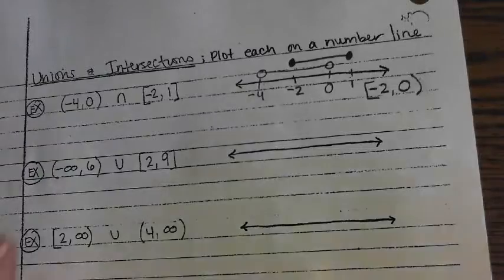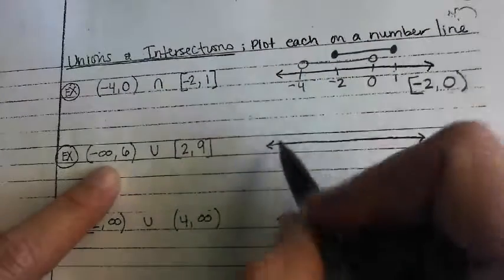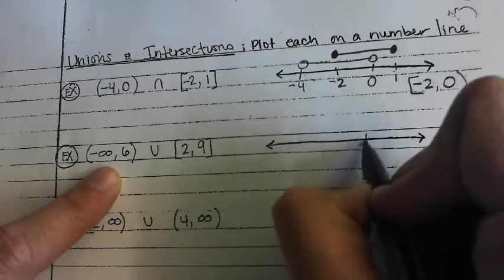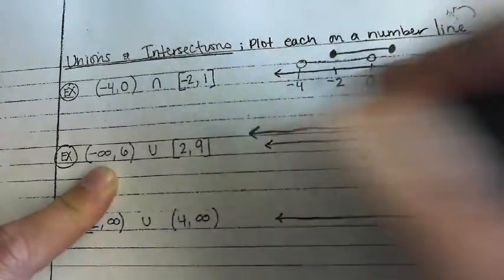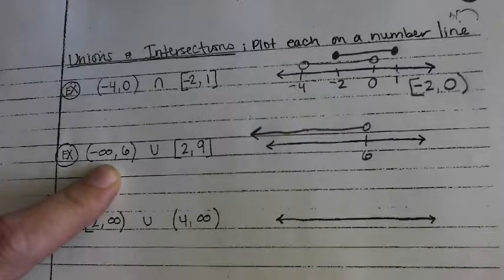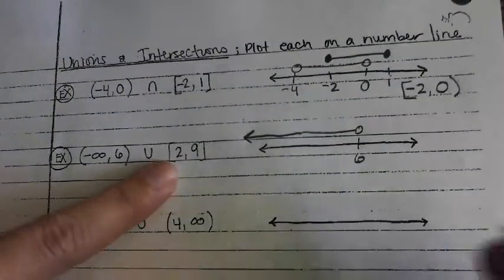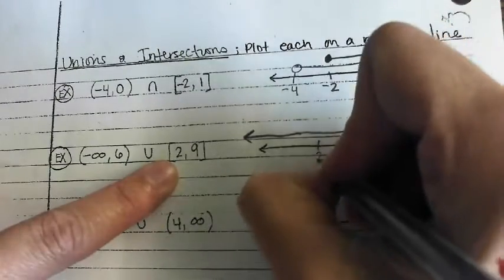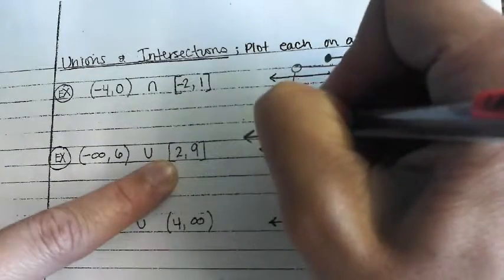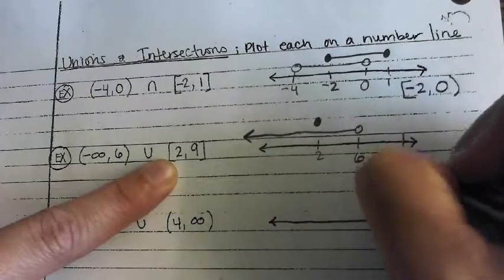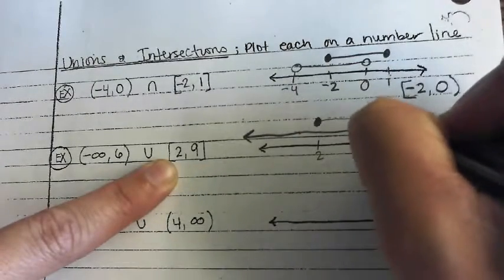Okay. In the next exercise, negative infinity to 6. We'll just throw 6 there. That's going to be all of that. And its union with 2, closed circle, to 9, closed circle.